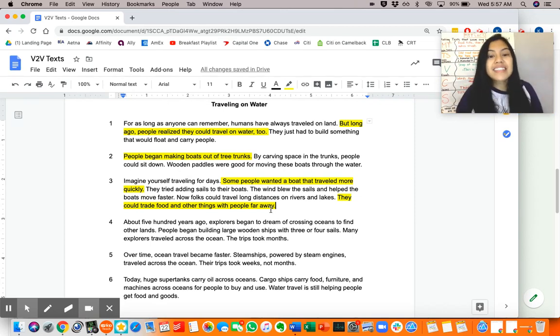So this is giving me more information about why it was important that people wanted to travel quickly. I noticed that it also talked about how folks could travel long distances. They could trade with people far away. So, this is another repeating idea. ELA Masters, let's go ahead and add that to our Google form.